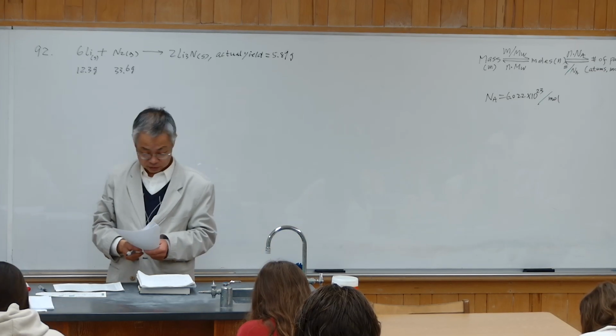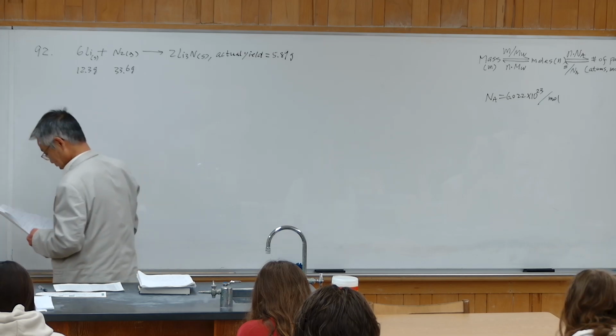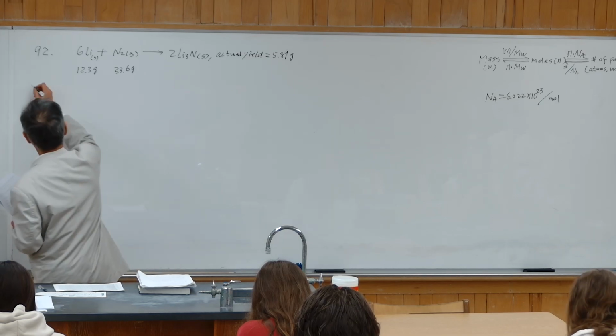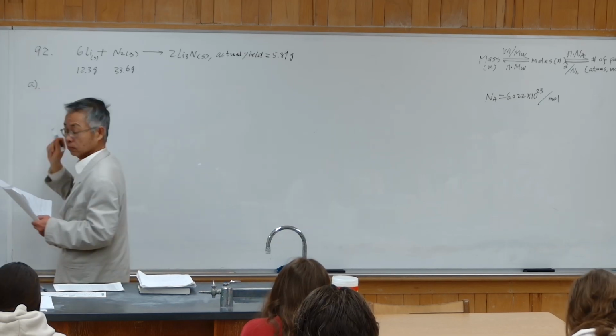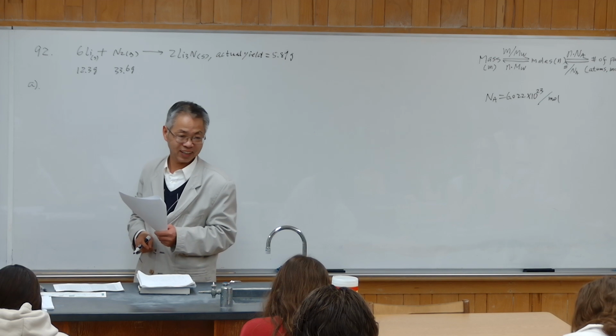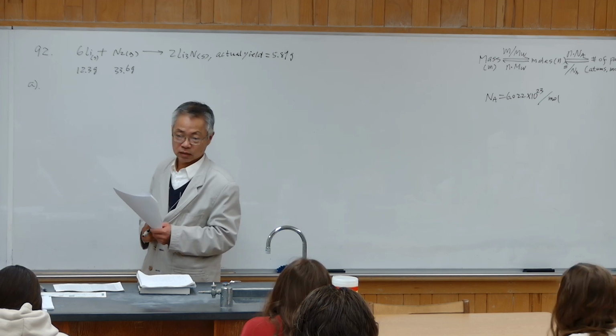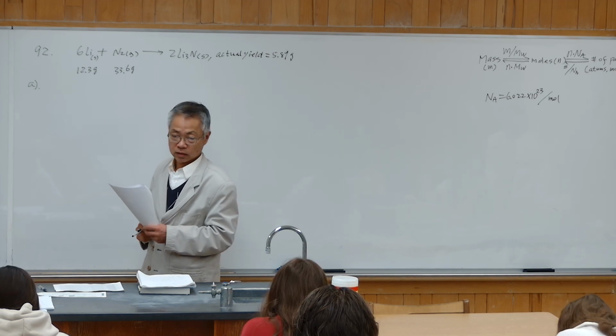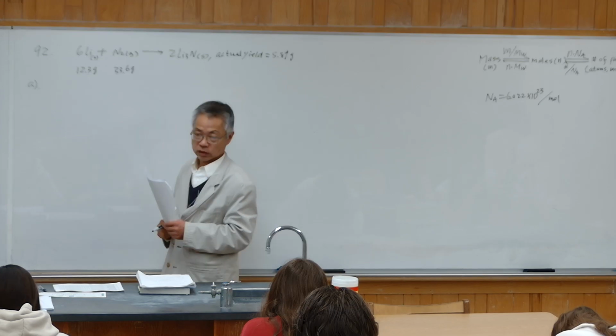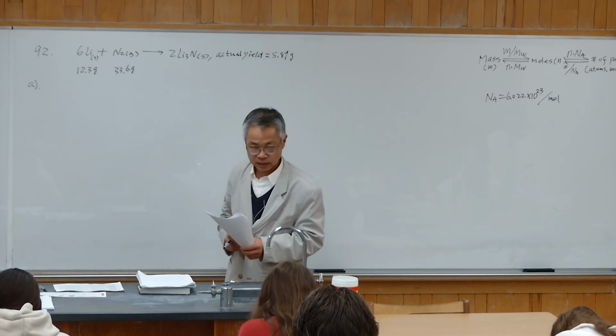First question asks you which one is a limiting reagent. Then second question asks you the percent yield.